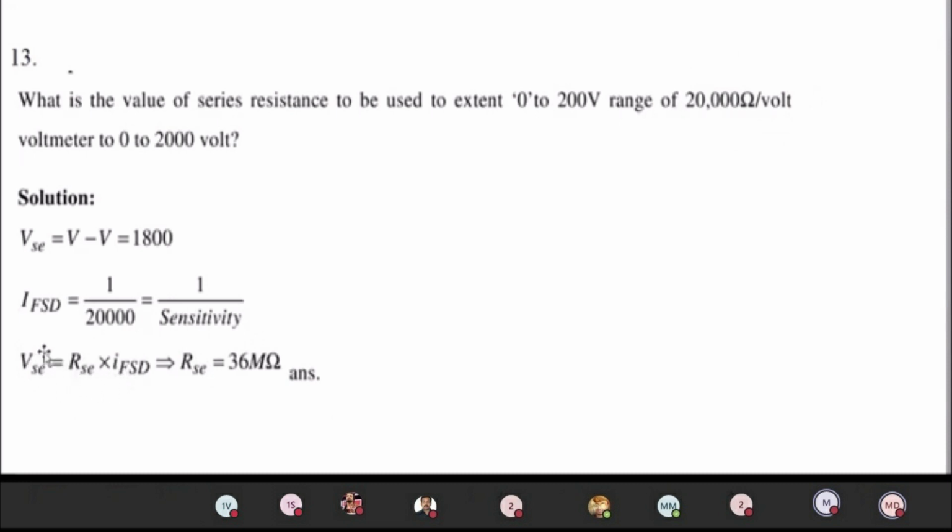In this, Rsc is unknown. That is what they have asked: what is the value of series resistance? By substituting we will get 36 mega ohms. If you add 36 mega ohms in series with the meter resistance, then you can use the voltmeter to measure up to 2000 volt.